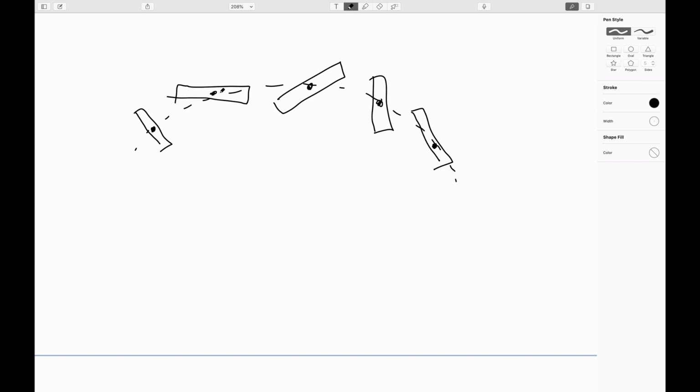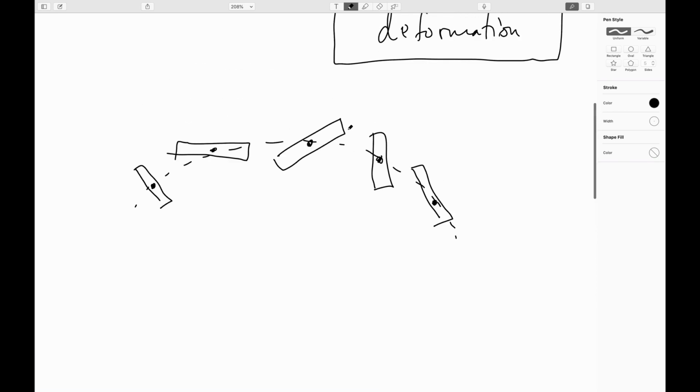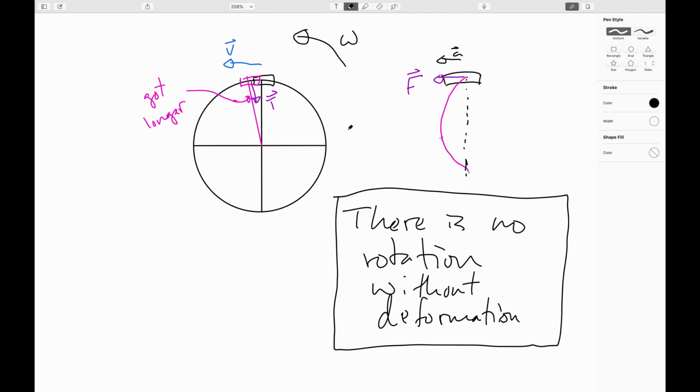So there is this result beyond the scope of this treatment that says that if the object is rigid, then you can treat it as just purely the translation of its center of mass, which is what we've been doing so far, combined with rotation about its center of mass. So it greatly reduces the number of variables that you have to keep track of. If you have deformation in your rotation, then it turns out what you have to do is treat this on an atom by atom basis.